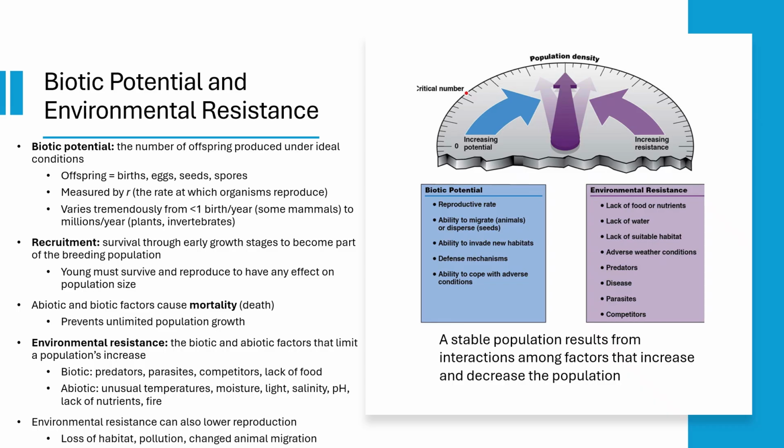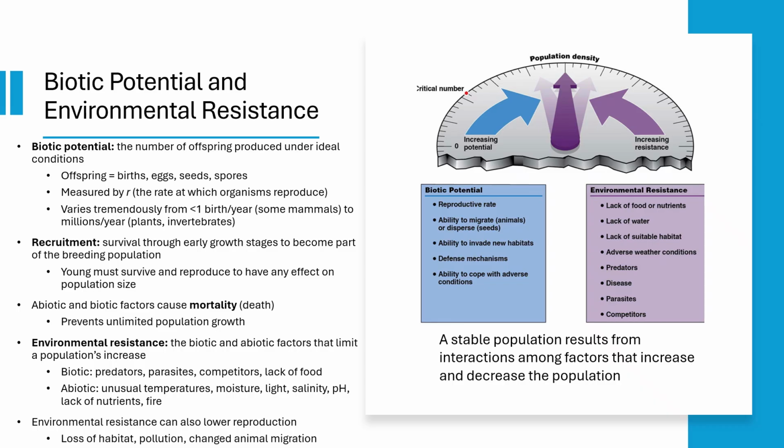It is measured by a rate, the rate at which the organisms reproduce. Depending on the species, this can vary tremendously. You have some mammals who produce less than one youth every year, and then you have other organisms like plants and invertebrates that can produce millions of offspring every year.